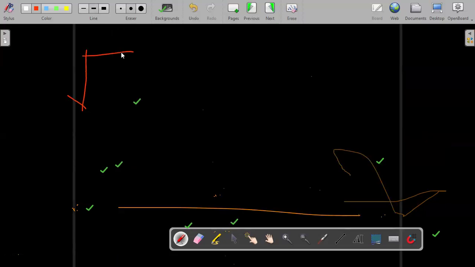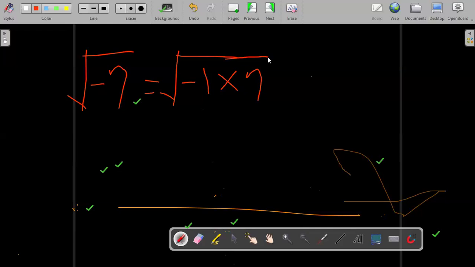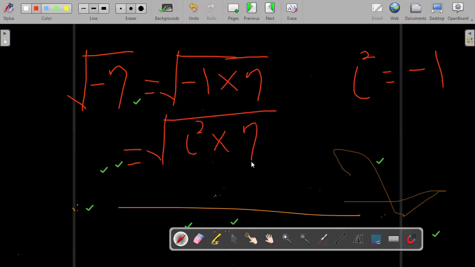Square root of -7. I can write -7 as -1 times 7. It doesn't change anything. It remains -7. But from complex numbers, we are told that i squared is -1. So that means if I see -1, I will put i squared. So this will give us the square root of i squared times 7.